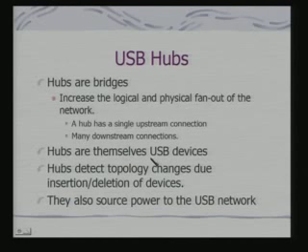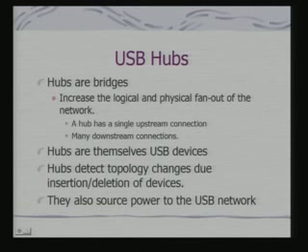Hubs are themselves USB devices. The hubs detect the topology changes. We had already seen how this topology change is detected and propagated to the host, and the host manages the USB device addresses in conjunction with the hub. They are also the source of power to the USB network, because USB devices need not be separately powered if their power demand is not substantial.